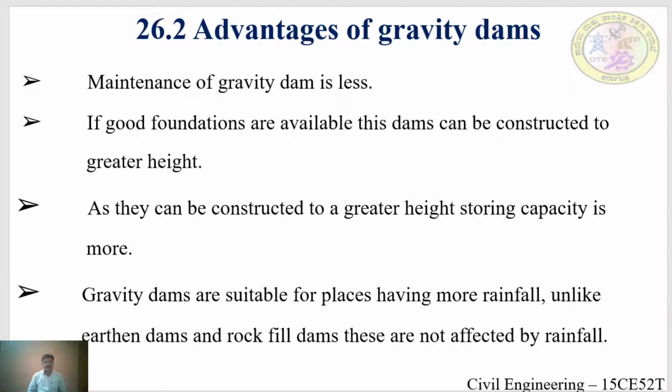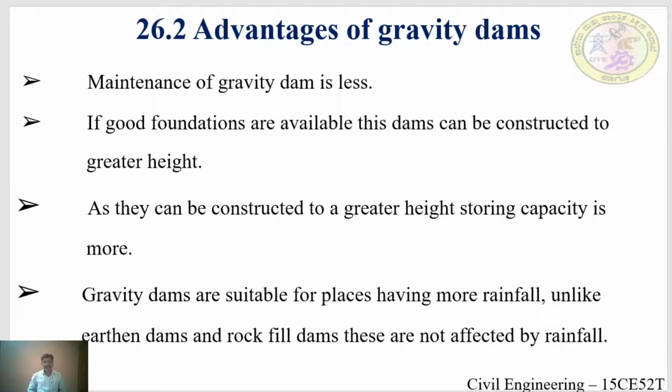Next, advantages of gravity dam. Maintenance of the gravity dam is very less because it's a concrete structure. If good foundations are available, this dam can be constructed to any greater heights, as we discussed in the previous slide, that it can be constructed at a height of about 200 meters or above also.